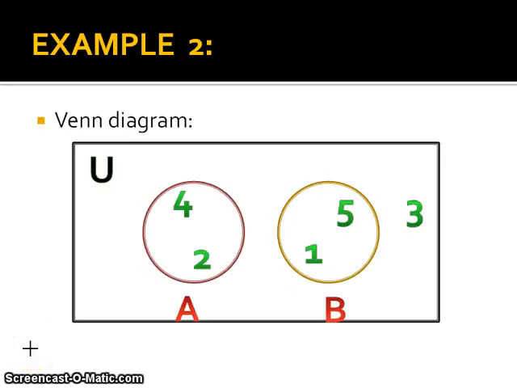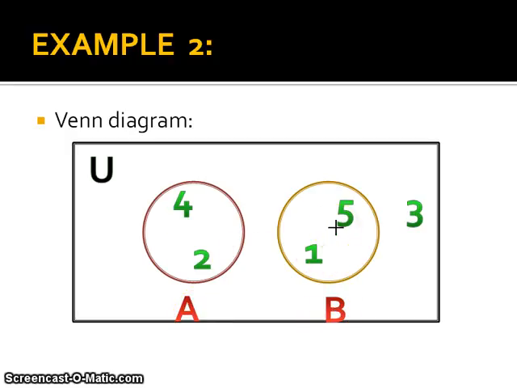Showing those sets using a Venn diagram, we have our universal set here. It contains 1, 2, 3, 4, 5. And set A contains 2 and 4. And we have set B containing 1 and 5.